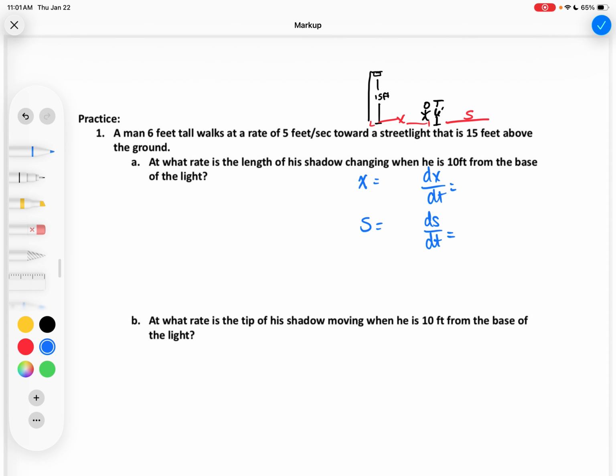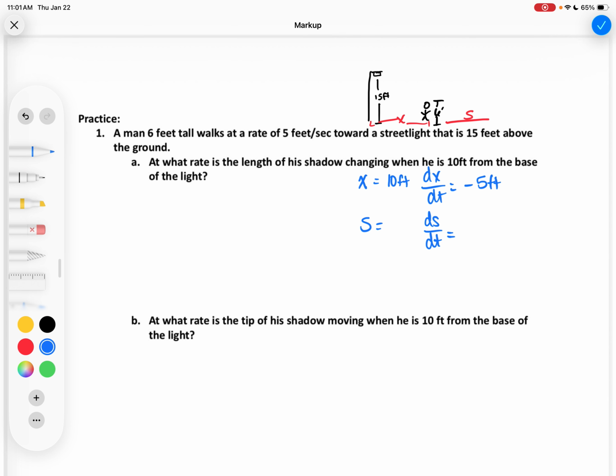So he's 10 feet from the base of the light, so that's going to be X. And then he walks at a rate of 5 feet per second toward the light, so that's my dx dt. Since that's going toward the left in my picture, it doesn't really matter as long as I declare which way is which, but the way I drew my picture, that's going to the left, so that's going to be negative.